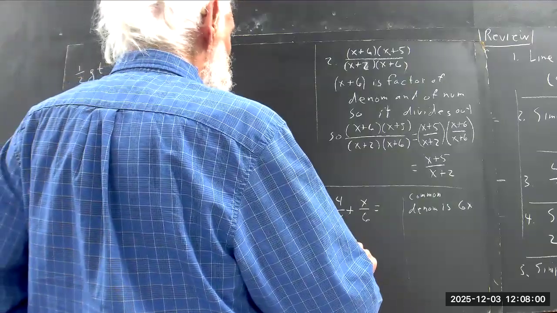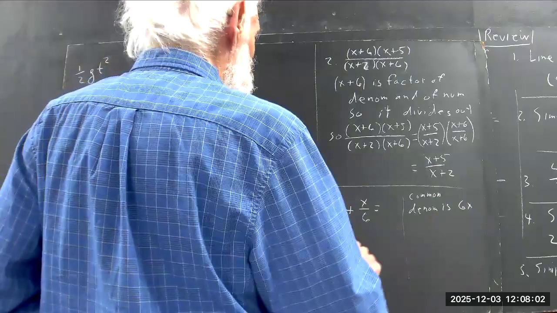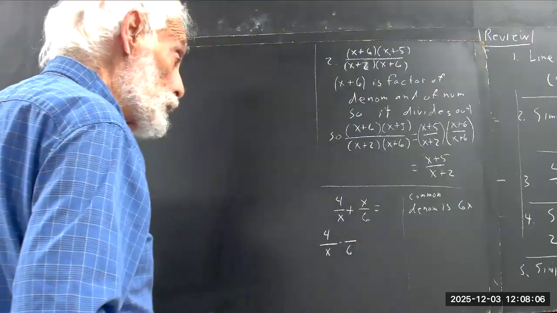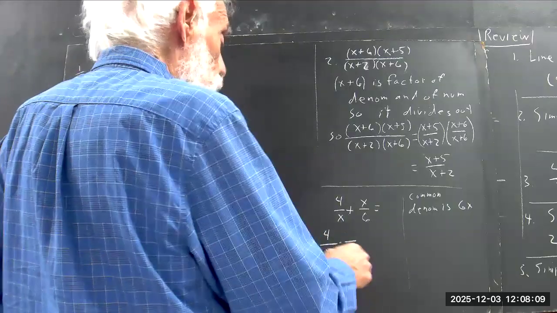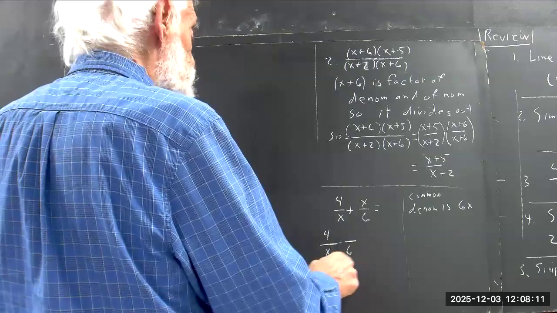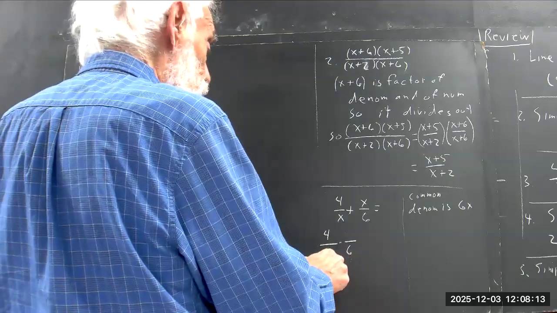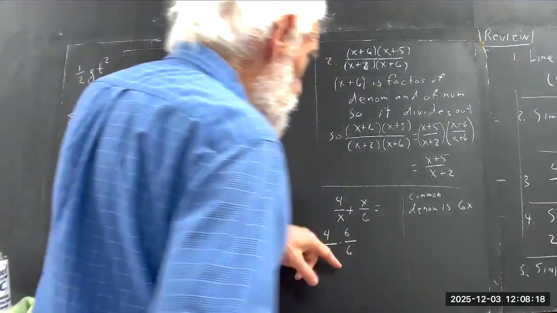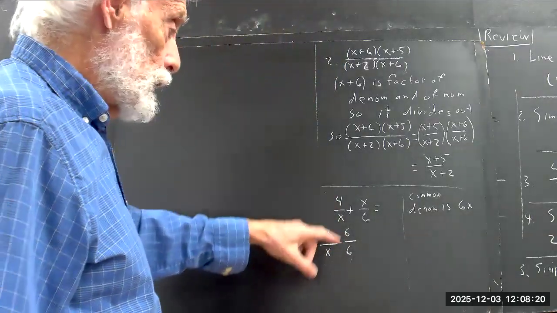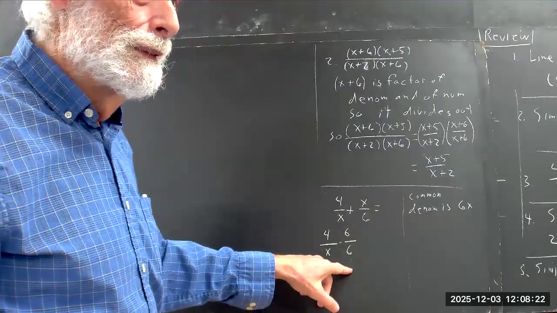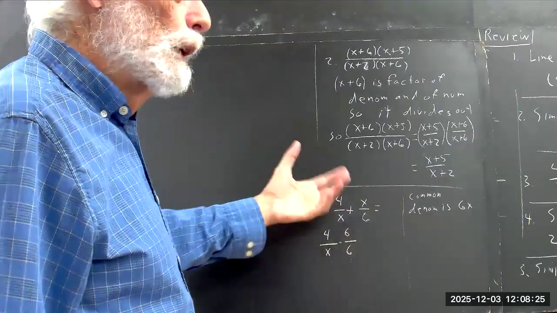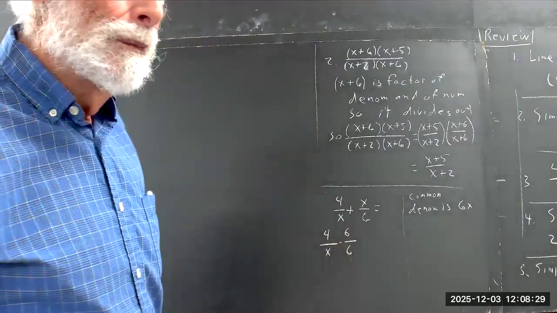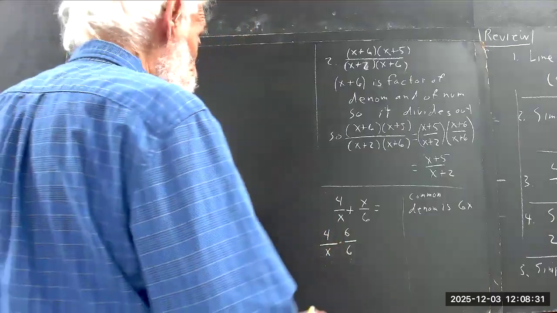To make the denominator 6x, we have to multiply the denominator by 6. What are we going to multiply the numerator by? Because we're going to have to multiply by some fraction for the 6 to be in the denominator and multiply that x. Well, the only thing we can multiply by that doesn't give us a different value for 4 over x is 6 over 6. I mean, it's got to be 1. We got to multiply by 1. Otherwise, we change the value of 4 over x. We multiply by 6 over 6.